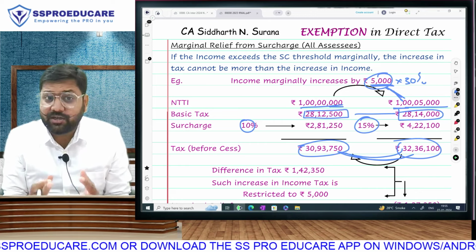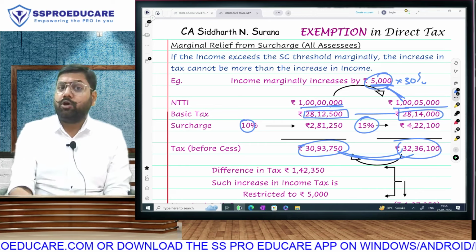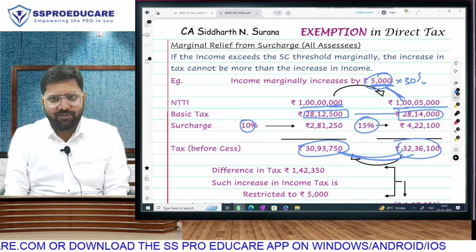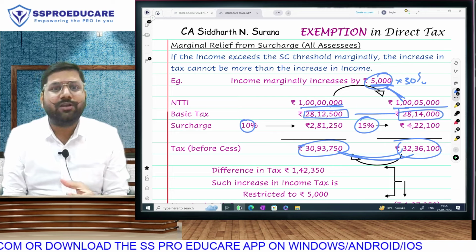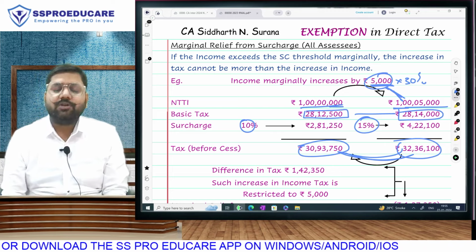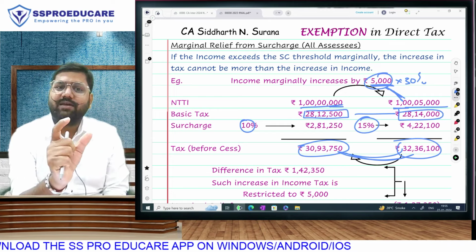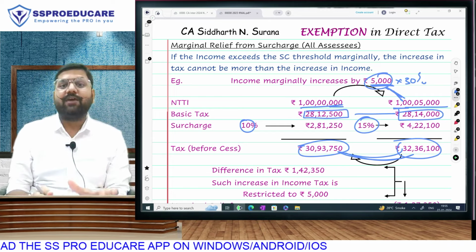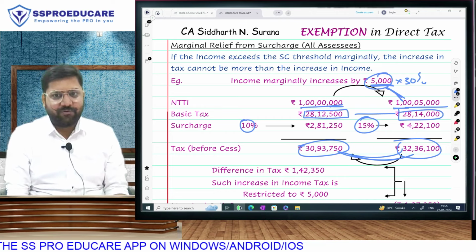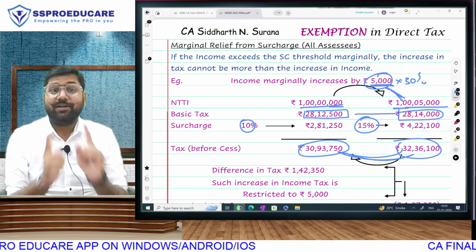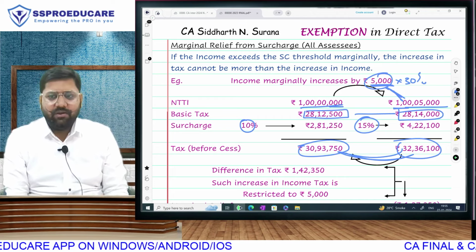This is stupidity of the highest level. You cannot increase somebody's tax by 1,42,350 rupees, where that person has earned only extra income of 5,000. Or let me put it in words, my 5,000 extra income is bringing 1,42,350 extra tax. That is highly unfair, and therefore the difference will be maximum 5,000.